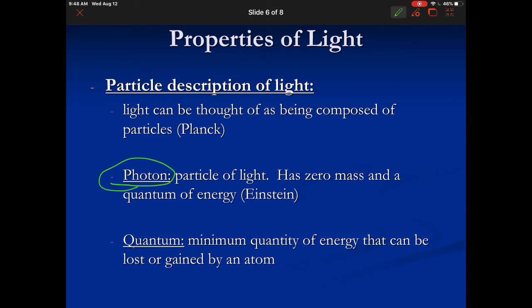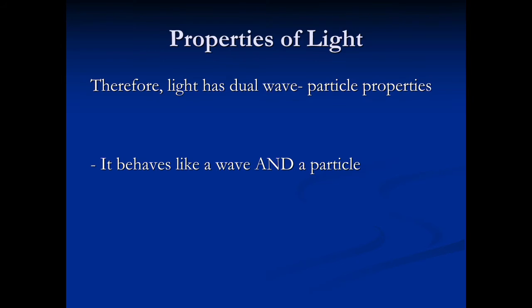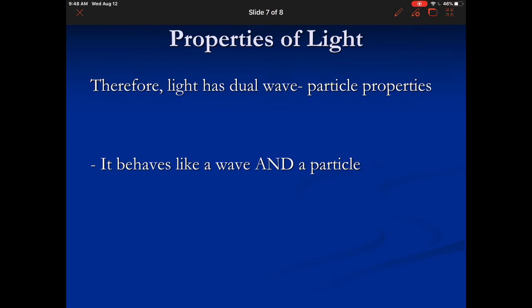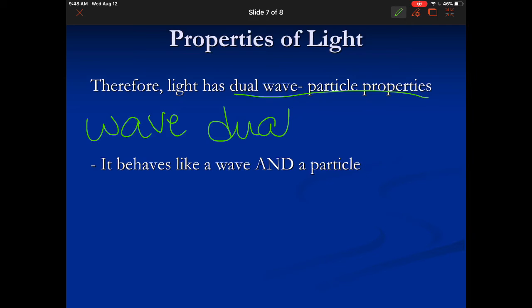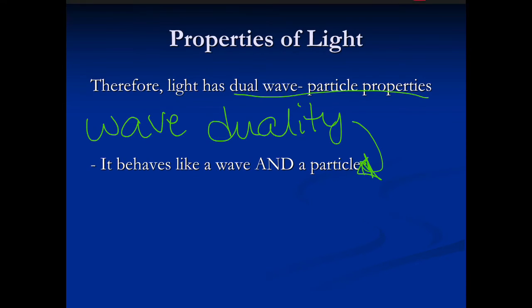So it's just like a little packet of energy. Therefore, light has dual wave-particle properties. You also might hear this called wave-particle duality. And all that means is that light behaves like a wave and a particle.